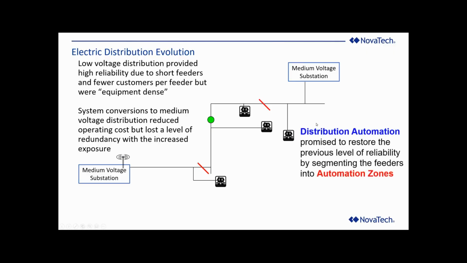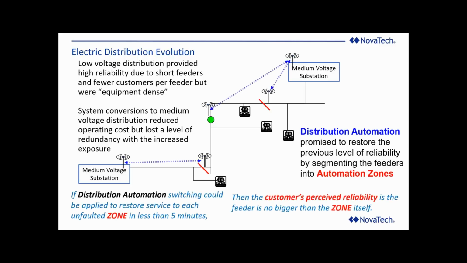So distribution automation became a promise of how we would improve the system to provide the same level of reliability that originally was there when the feeders were short with fewer customers.